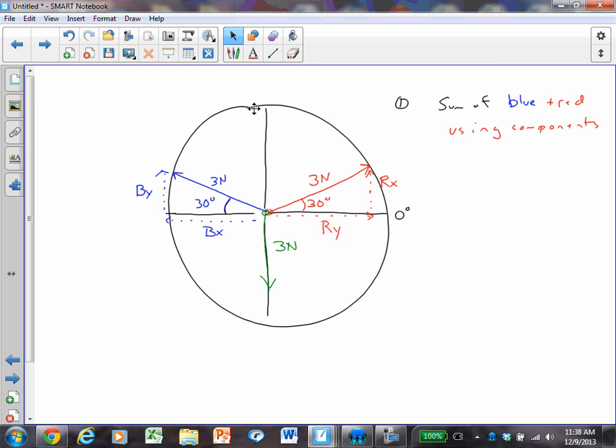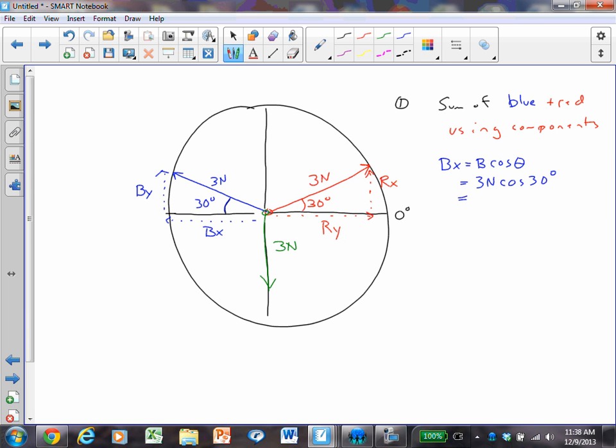The blue X equals B cosine theta, or 3 newtons times the cosine of 30 degrees, or 2.6 newtons. And that's negative because it's going off in that direction, right? Blue Y, similarly, would be 3 newtons sine of 30. Many of you know what that is, right? 1.5 newtons.